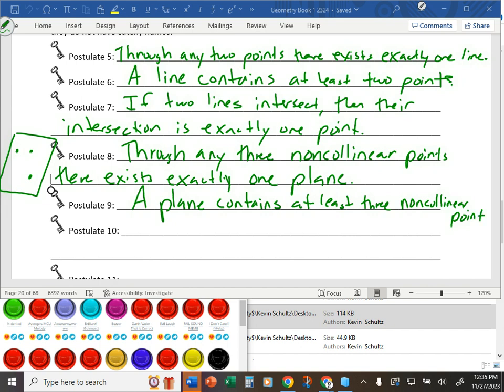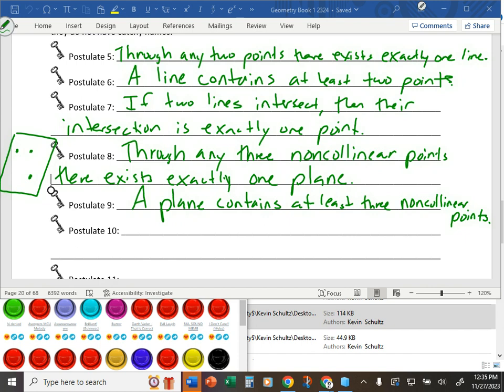So just like how 6 is kind of the backwards, the converse, so to speak, of 5, 9 is kind of the converse of 8. Through any 3 non-collinear points, there exists a plane, is what 8 says. 9 switches around and says a plane contains at least 3 non-collinear points.